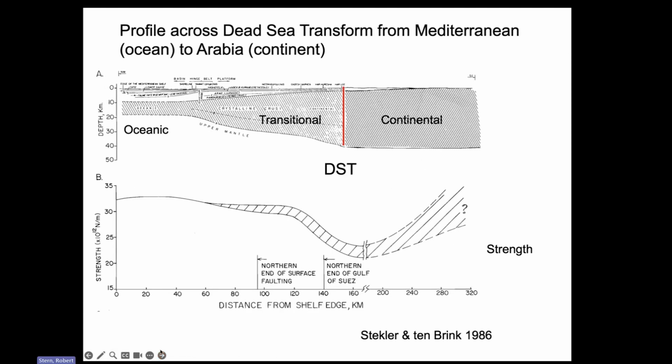So here, Steckler and Ten Brink have taken those stress profiles and calculated the overall strength, from the oceanic realm to the continental realm, and calculated that it looks like this is the weakest part of this region. So that's where the Dead Sea transform is going to be located.